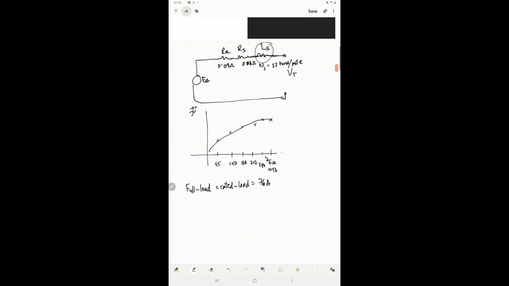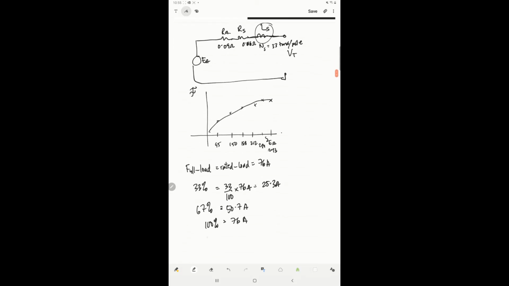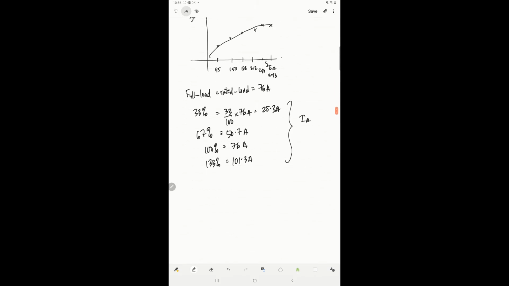So 33% means 33 per 100 times 76 ampere, which is 25.3 ampere. At 67%, it is 50.7 ampere. At 100%, it is 76, obviously. And at 133%, it is 101.3 ampere. This is the armature current at different percentages of full load current.